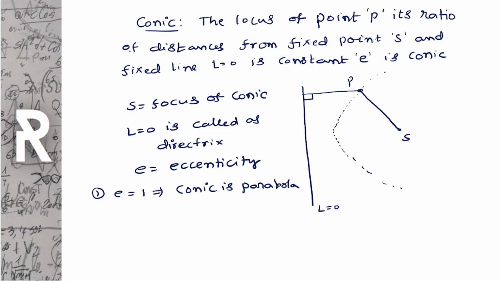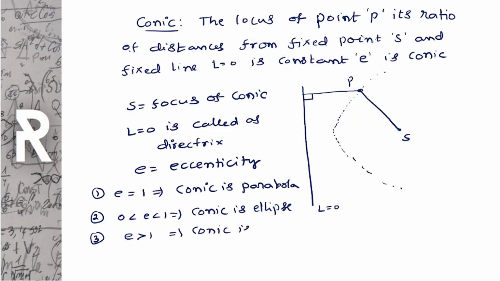The equidistant collection of points gives a diagram that is a parabola. When the value of E lies between 0 and 1, the conic is an ellipse. When the E value is greater than 1, the conic is a hyperbola. In the hyperbola, one more case, E value √2, the conic is a rectangular hyperbola.